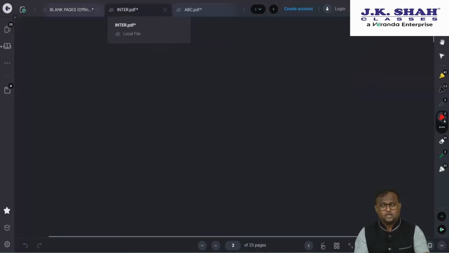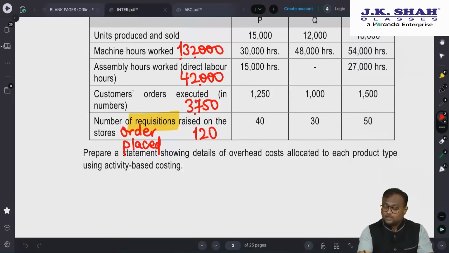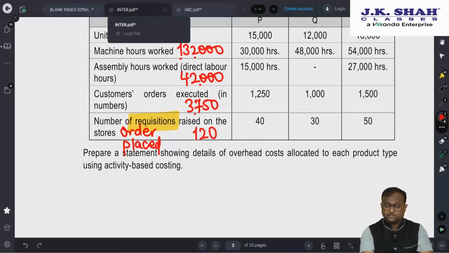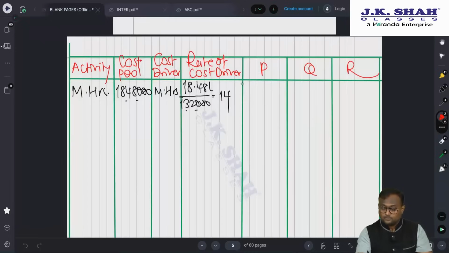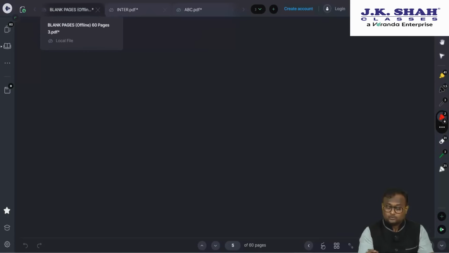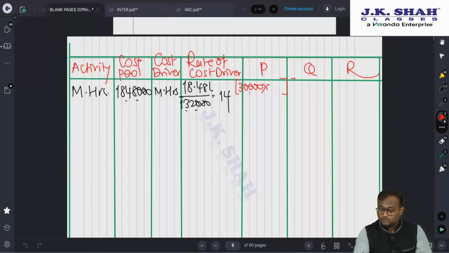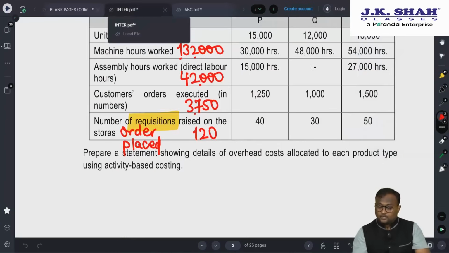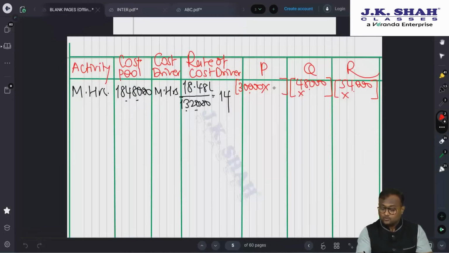Once you know the rate of cost driver is 14, you apply it on the three machine hours figures: 30,000, 48,000 and 54,000, each multiplied by 14 per machine hour.